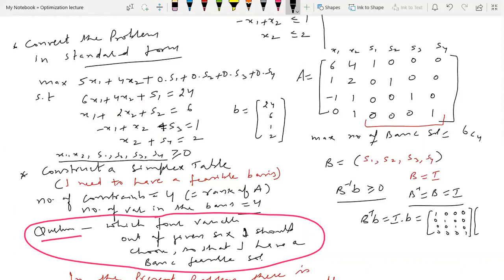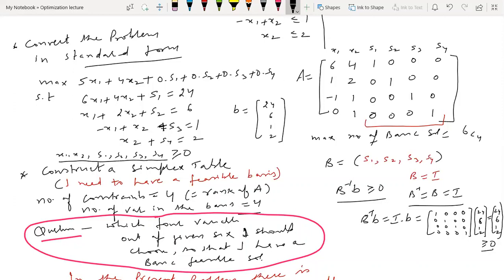And when you multiply with the right hand side, what is that? That is 24, 6, 1 and 2. So what do you get? You will get the same answer, that is 24, 6, 1 and 2. Okay, so B inverse b is always a non-negative quantity because each of the components is non-negative. So the point which I want to raise is that in order to initiate your simplex table or simplex method, you need to construct a basis, one basis, right?